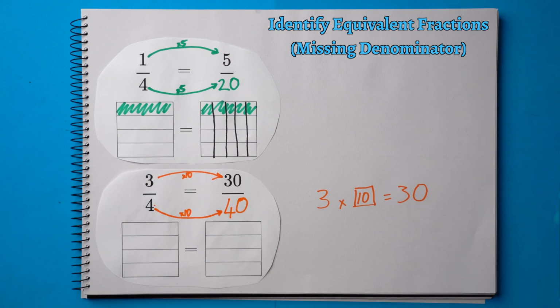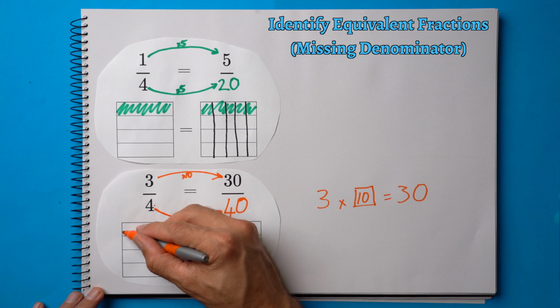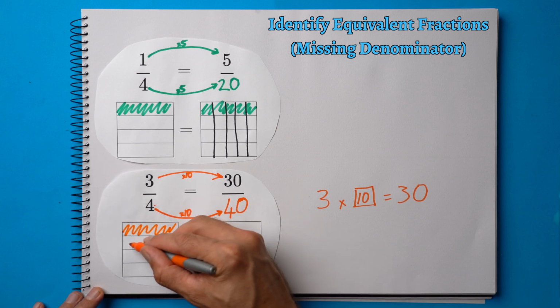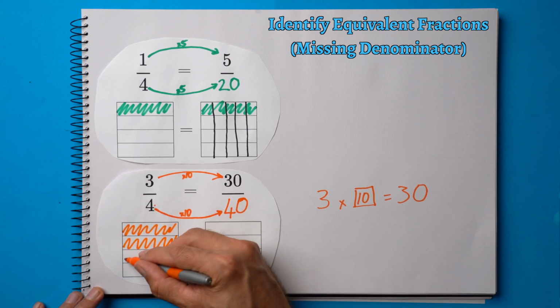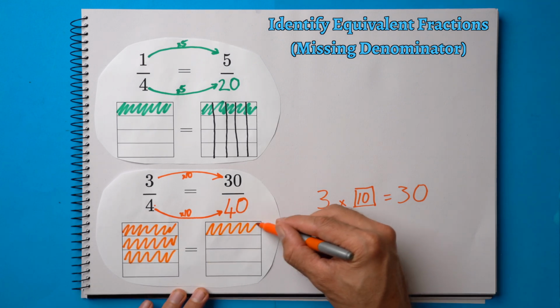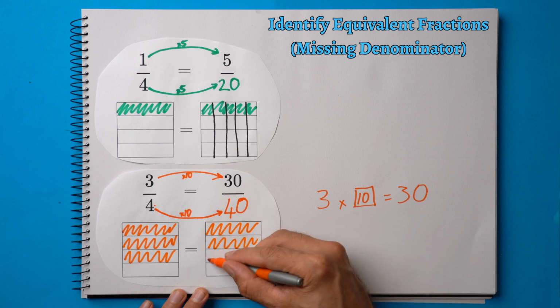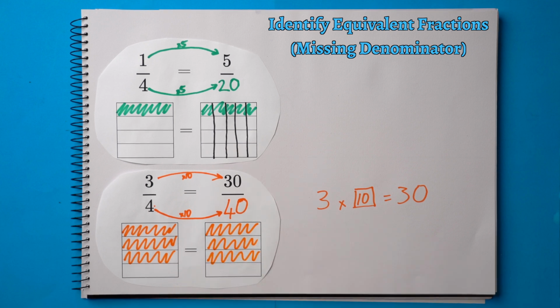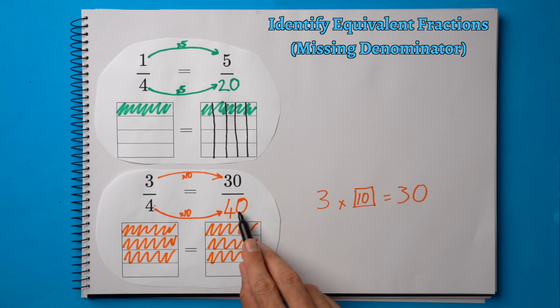Let's just draw a little diagram just to check. So I've got 3/4 here. 1, 2, 3. And I'll draw the same on this side so that they're equivalent. At the moment, this is quarters, not 40ths.